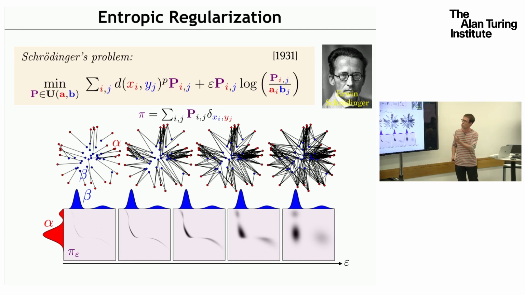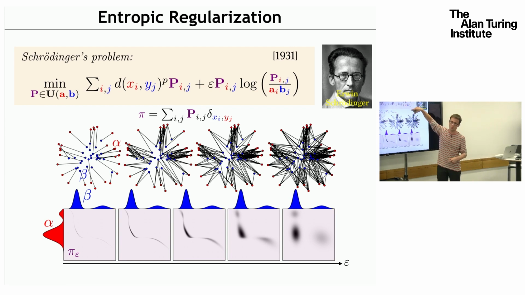So the idea actually goes back to Schrödinger as a model for gas, the lazy gas model, which is to replace the optimal matching, the optimal transport, by introducing a penalty, which is just epsilon times the entropy. And just a little bit of explanation on this. When you speak about entropy, you always have to speak about the entropy with respect to some reference measure. The entropy in itself doesn't exist.